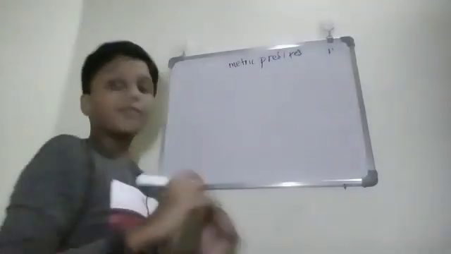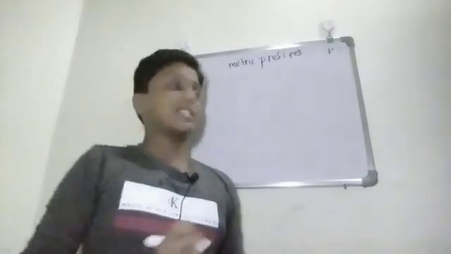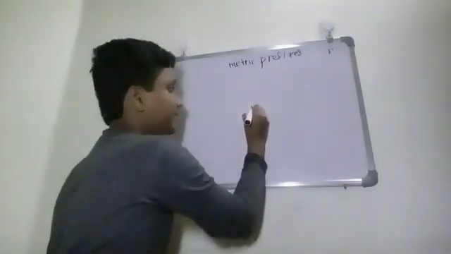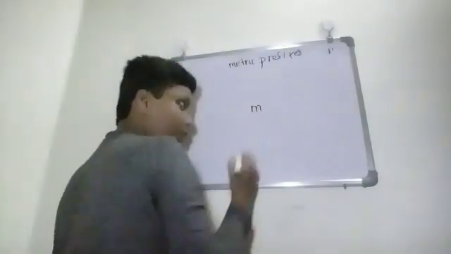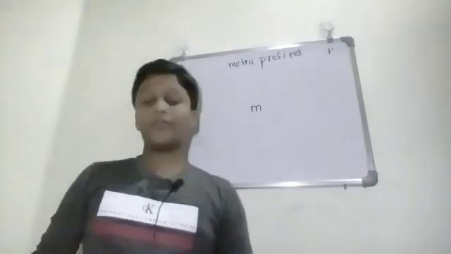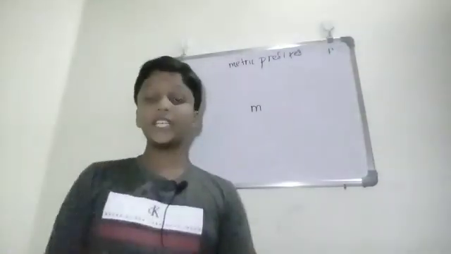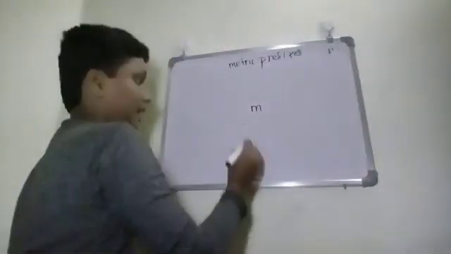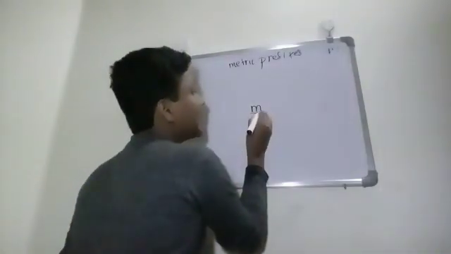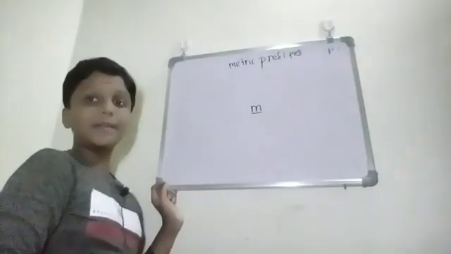We are taking meter, for example. Meter is the SI unit of length, and now we are going to learn about the metric prefixes. Meter will be at the center of this table.